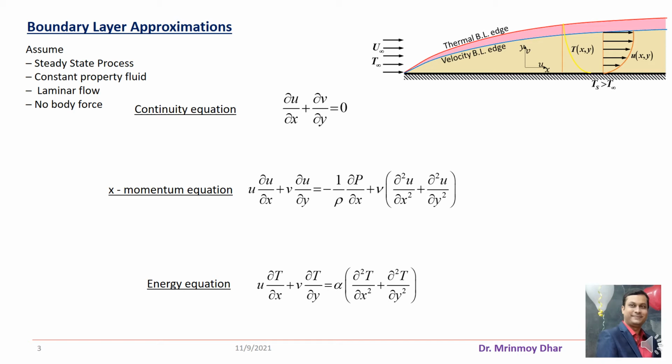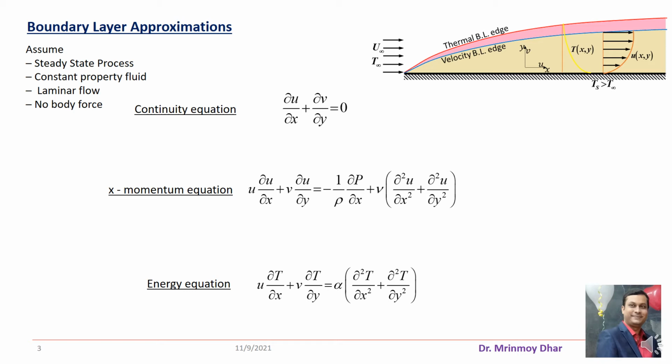Let us try to understand step by step. For these boundary layer approximations, we have considered a very simple case. The assumptions made here are: the flow is a steady state process, the fluid has constant properties, the flow is laminar, and there is no body force.